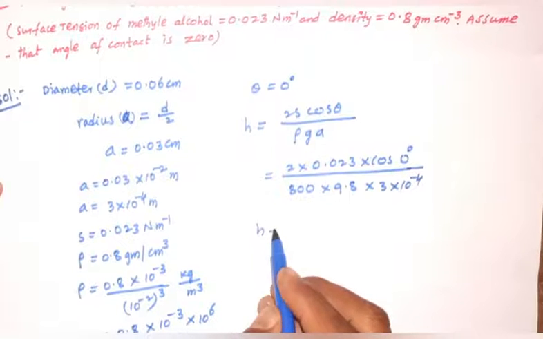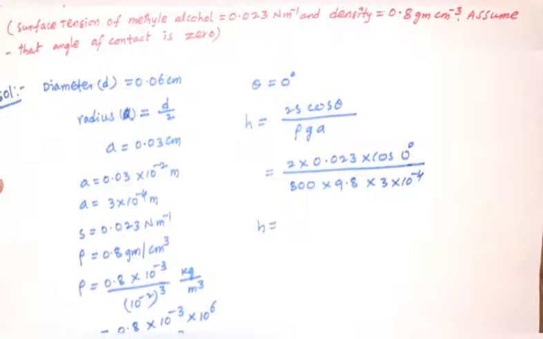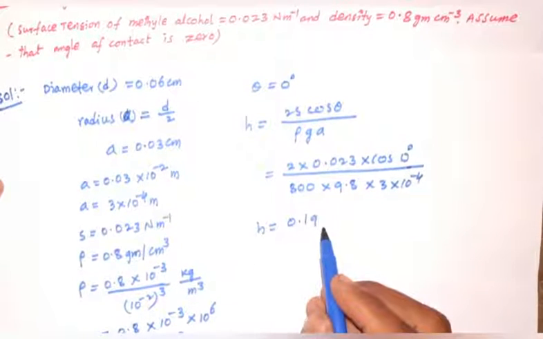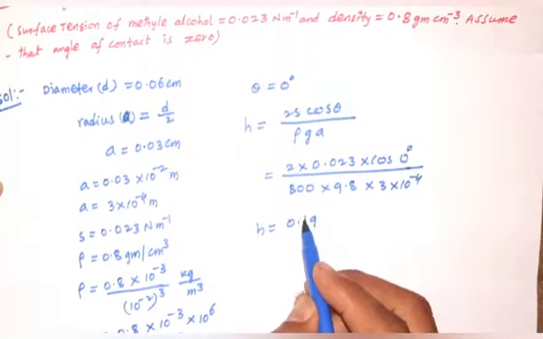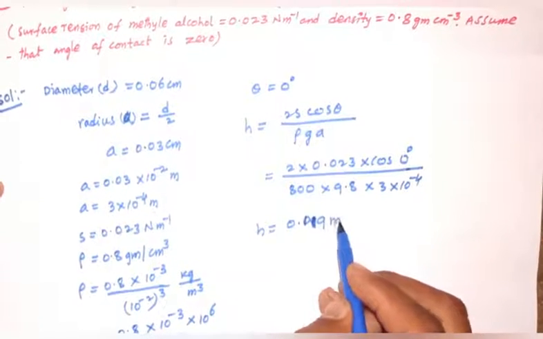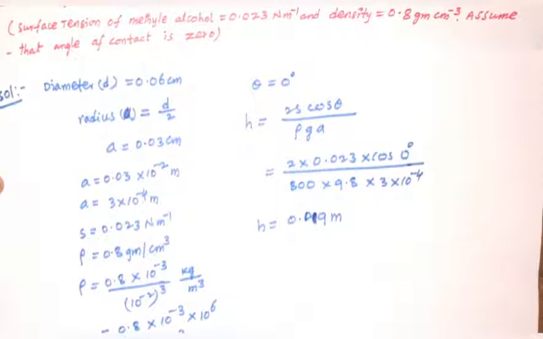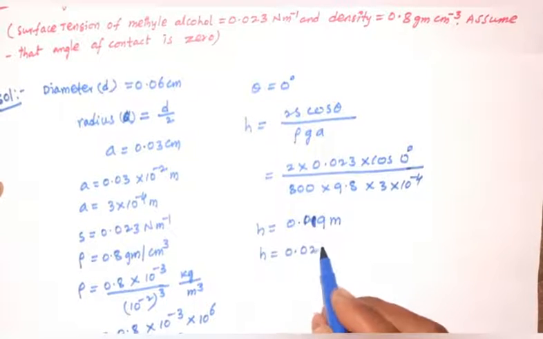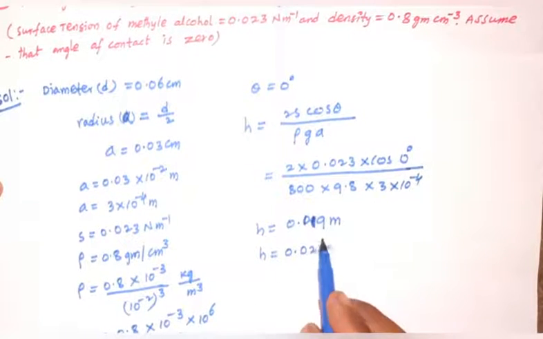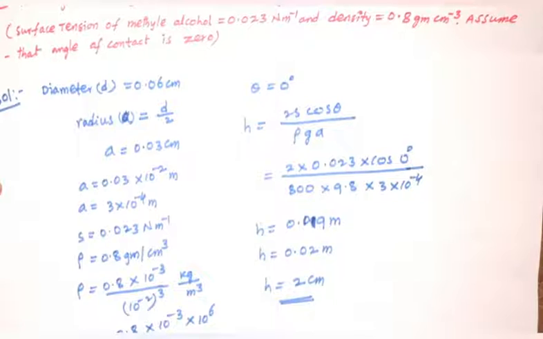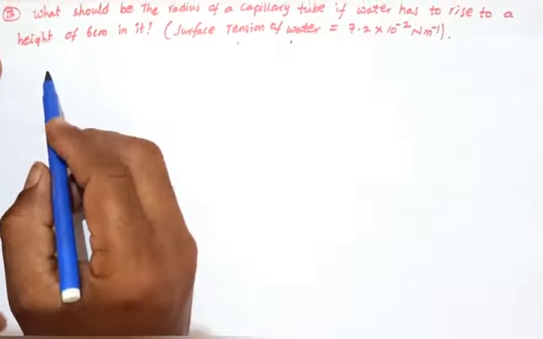We can calculate this value. So it is 0.019 meters, that is h equals 0.02 meters. So it is converted to centimeters: h equals 2 centimeters. So this is the answer.